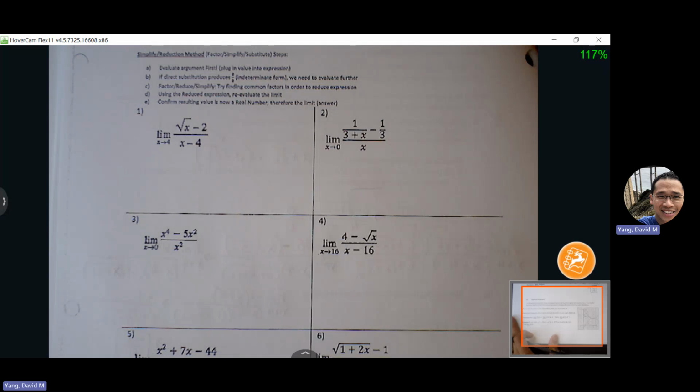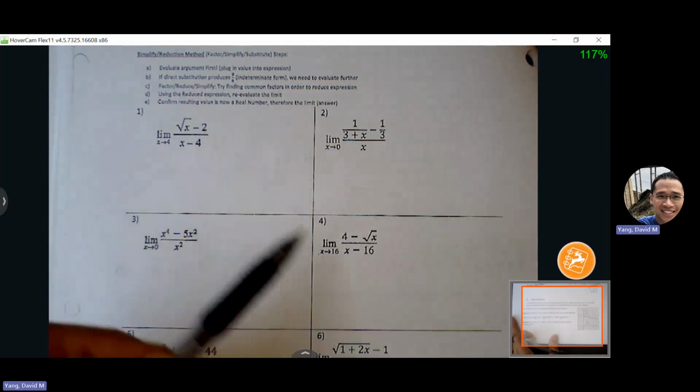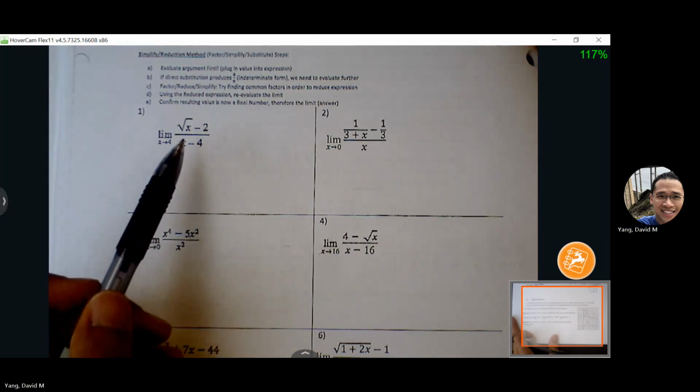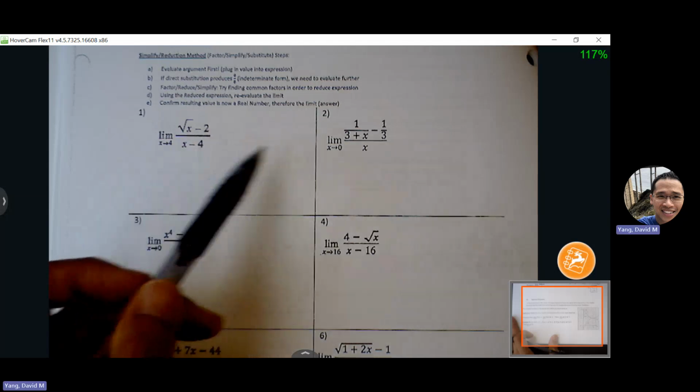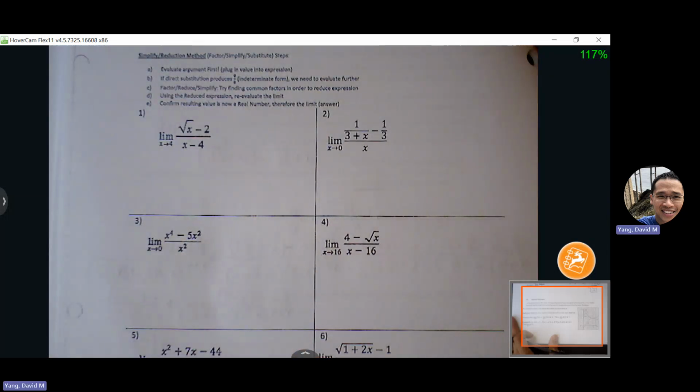But we never want to skip our first step, right? We never want to skip direct substitution because something may be disguised as a conjugate or a complex fraction problem, but it may end up just giving you a real number. If it gives you a real number, there's no need to go through all those steps.